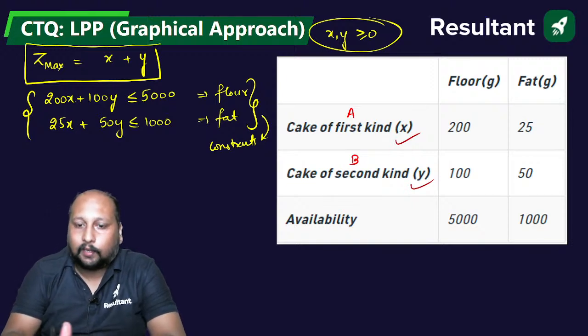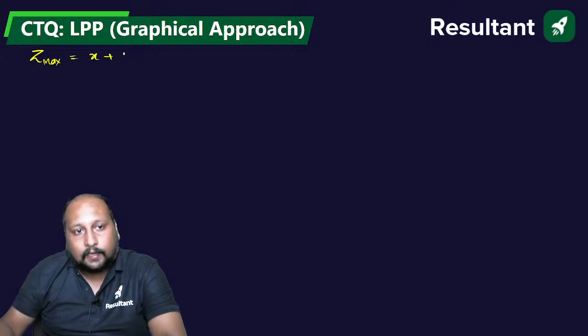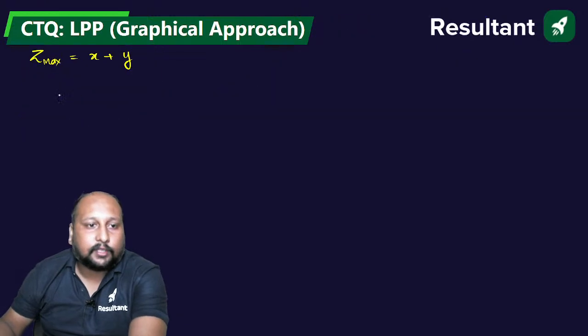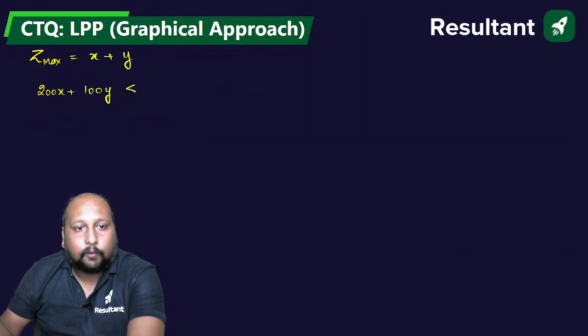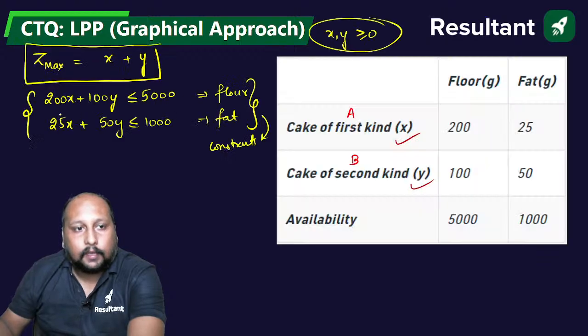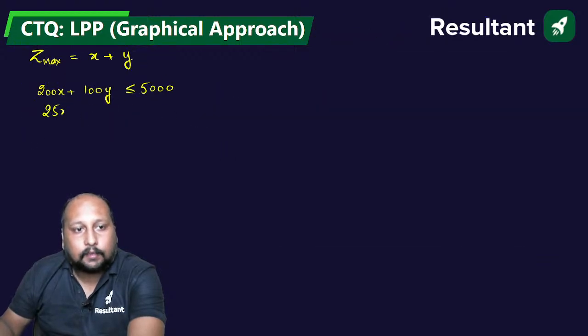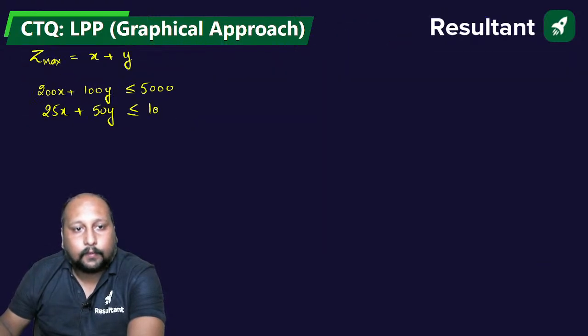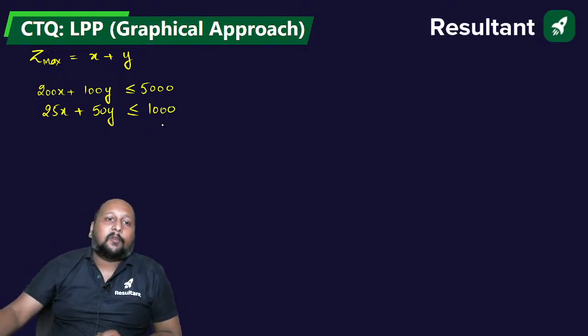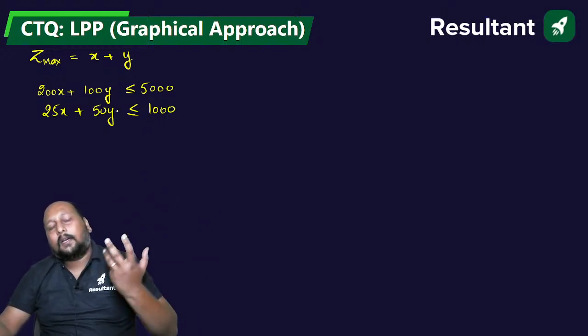So now, can we solve this question now? Let me rewrite this equation over here. We're having objective function which we need to maximize, that is x plus y, and constraints 200x plus 100y less than equal to 5000, and 25x plus 50y less than equal to 1000. चलो, whenever we are having this kind of equation, we need to create into the intercept format.